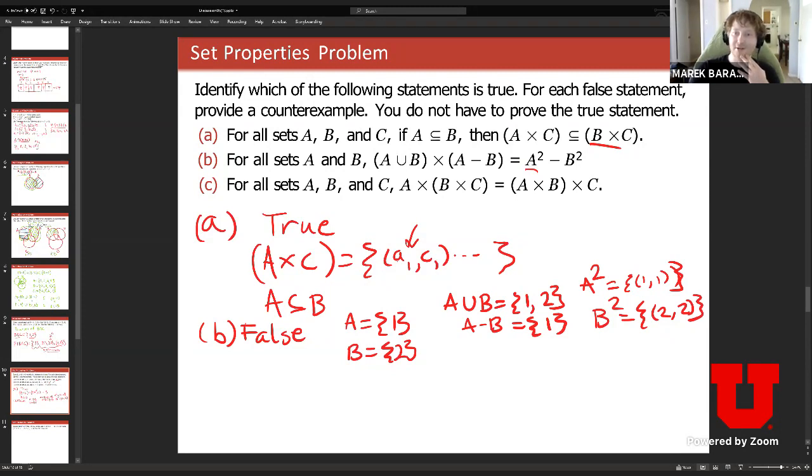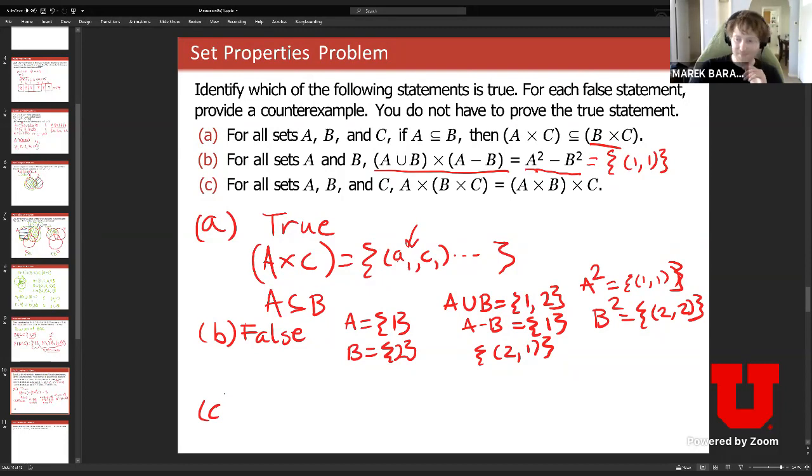So this part right here is equal to this one. And our left-hand side has the element (2, 1) in it. So these two cannot be equal.